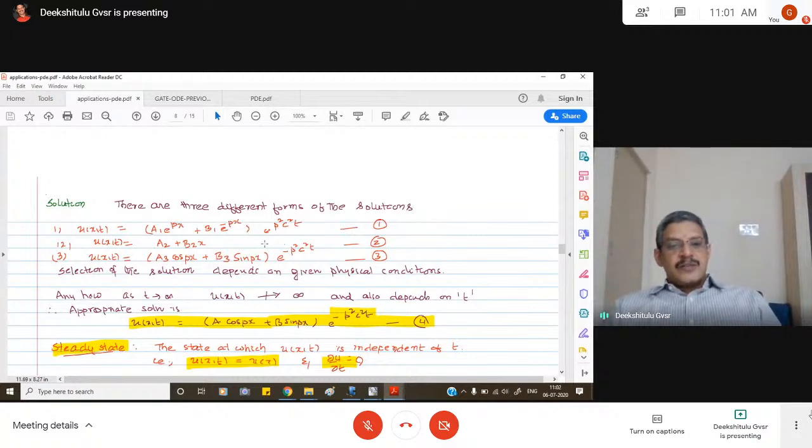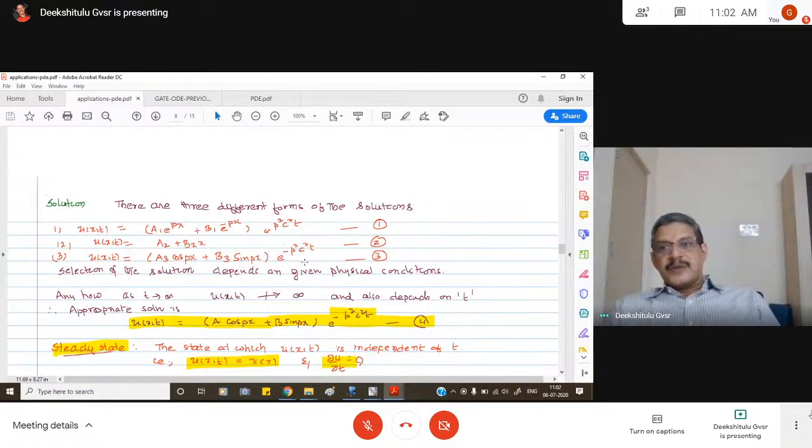So the general solution is considered as (a cos px + b sin px) e^(-p²c²t). Clearly it is a function of x and t, and as t goes to infinity, e^(-p²c²t) becomes 0.